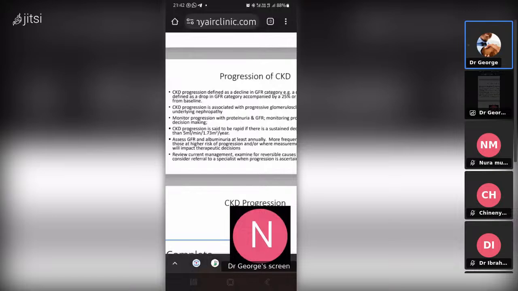It's said to be rapid if there is a sustained decline in eGFR of more than 5 mL per minute. So you can see that diabetes is quite fast in this progression. Most patients in CKD stages 3 to 5 will progress to end-stage renal disease. So once a patient enters stage 3, just know it's just a matter of time.